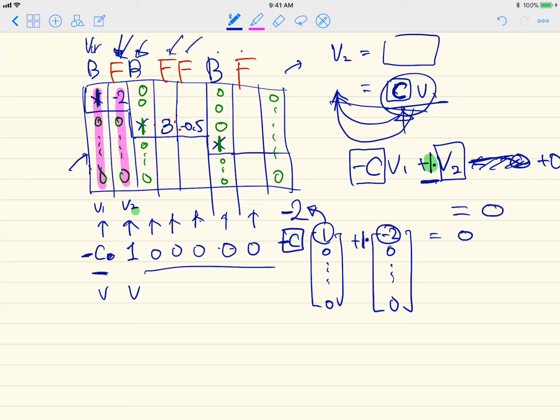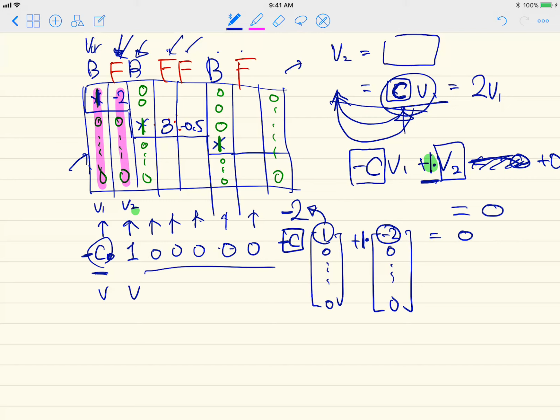So by setting c here as, for example, 2, we can represent V2 as a linear combination of V1. Okay, and in the case of a basic variable, this one will not be possible. And why? Let's understand why this will not be possible.